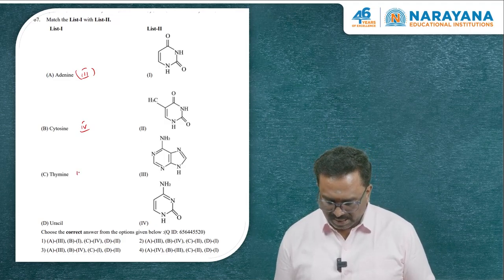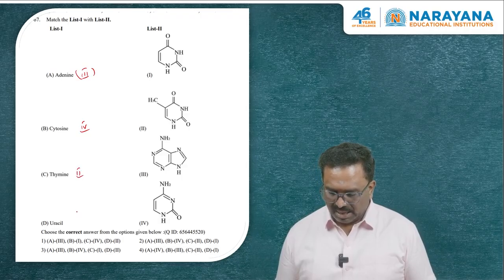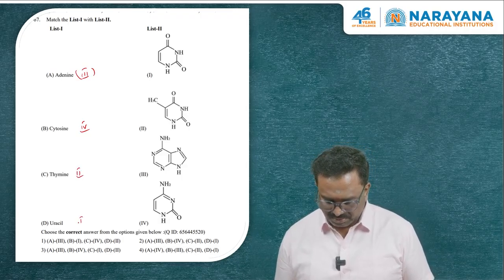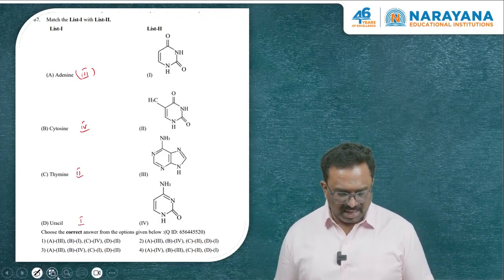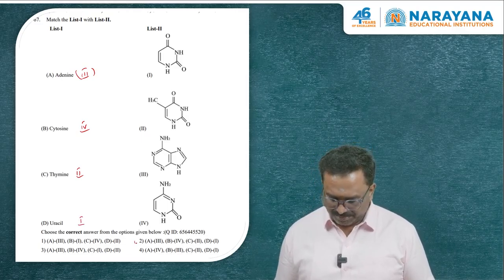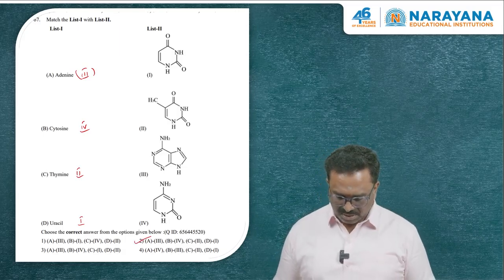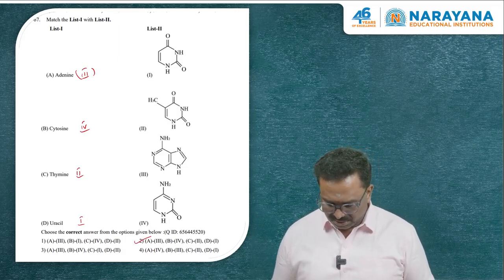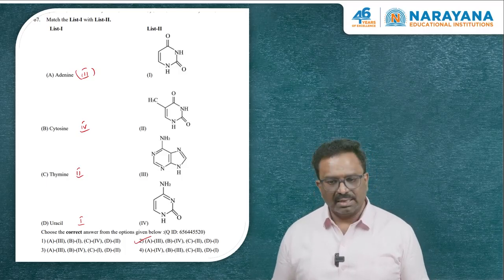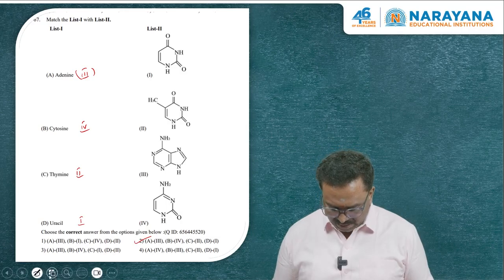So here you can identify 2 is thymine and uracil is 1. So this is validated: A3, B4, C2 and D1 is matching in the second option. The second is more correct.